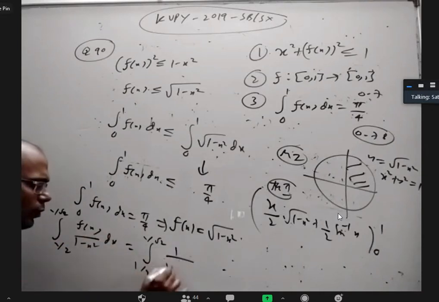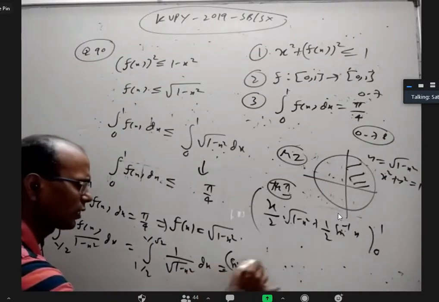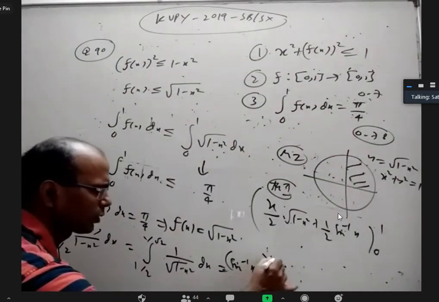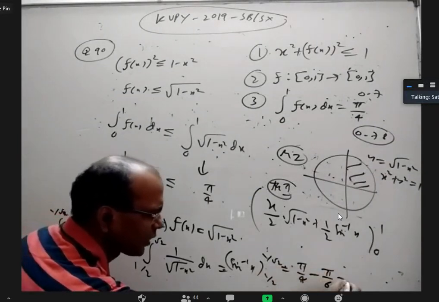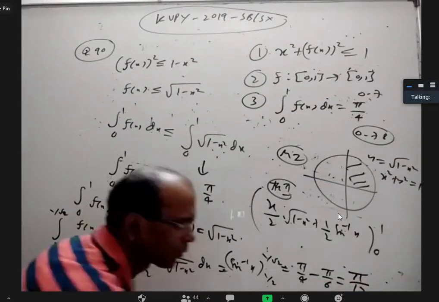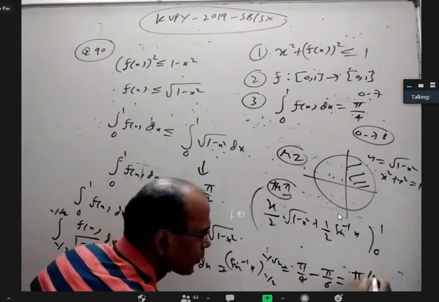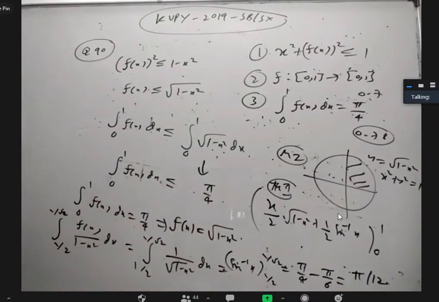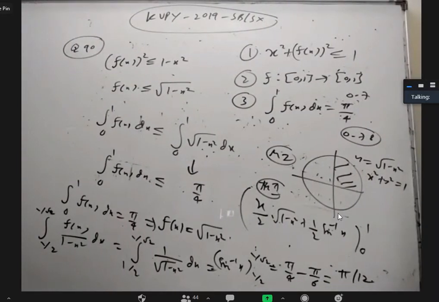It will become 1 by root 1 minus x square dx, which is sin inverse x with limits 1 by 2 and 1 by root 2. 1 by root 2 means pi by 4. 1 by 2 means 30 degrees, pi by 6. We take 12 LCM, which is pi by 12. Is it okay?